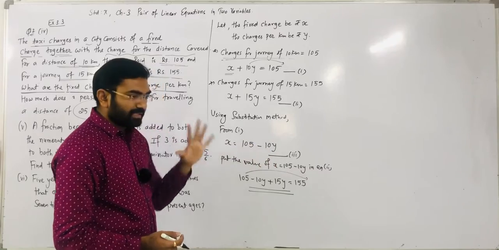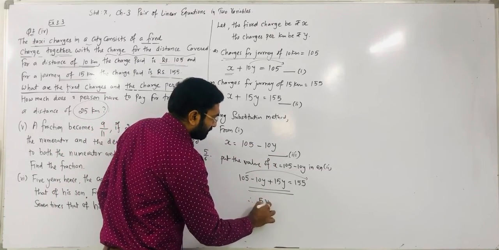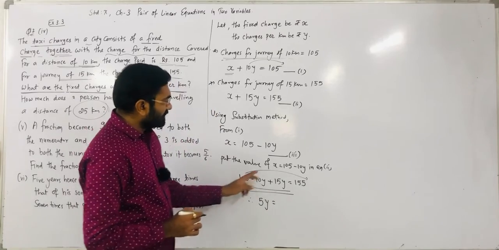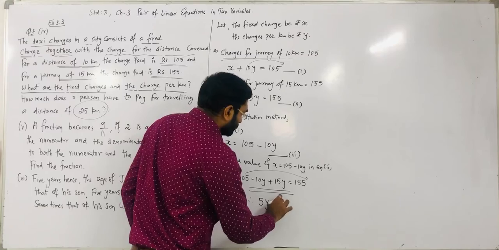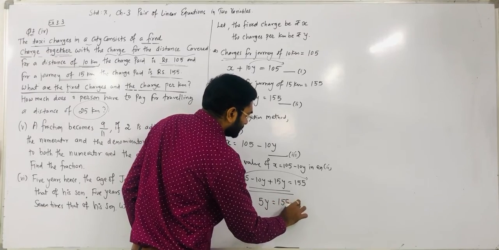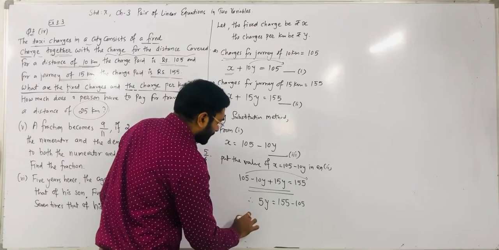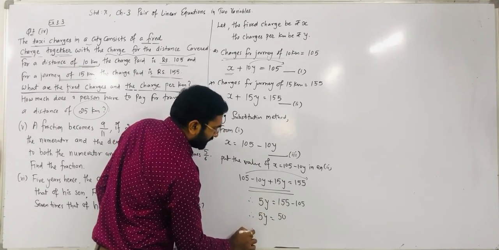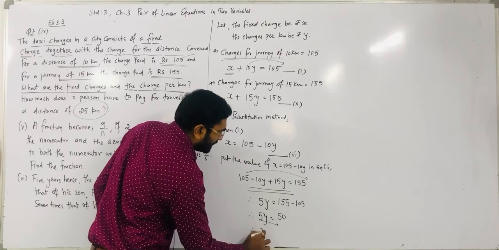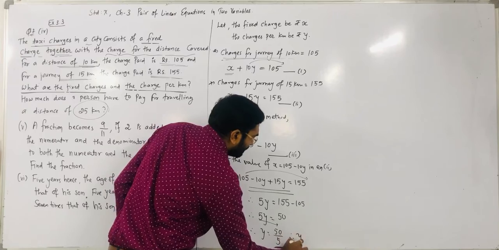So 15 minus 10 is 5, and 15's sign is plus, so we get 5y. That 105 goes to the right hand side and becomes minus, so 155 minus 105 is 50. We have to find the y value, so that 5 goes to the right hand side in the denominator. So 50 by 5.